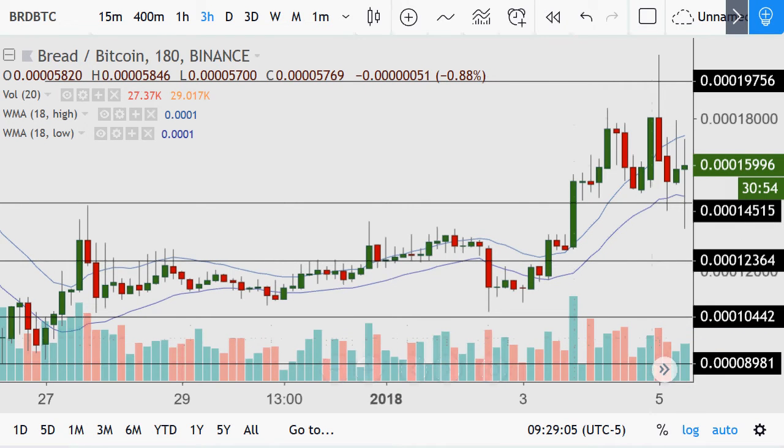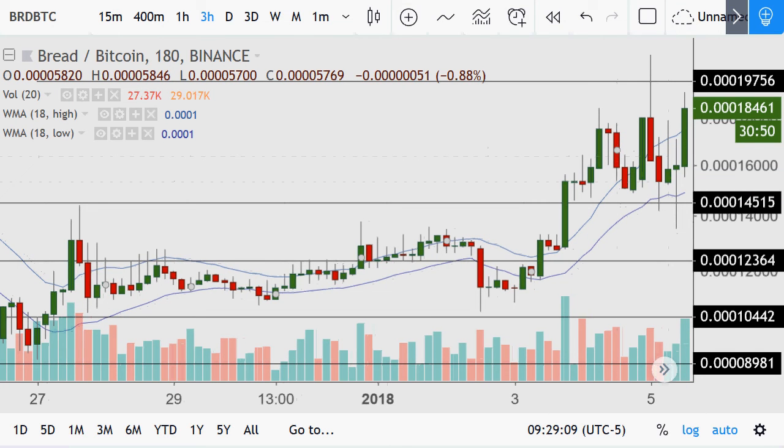But 14,515 is in. Now, assuming this just did happen, you come in and you see, holy crap, I bought this and it's at 18,461. This is where you get a little bit lucky in that, well, now what I would do is I would technically move this sell order up and probably a few other ones as well. And I would take that 18,461 price at that point, which is what I'm going to do.